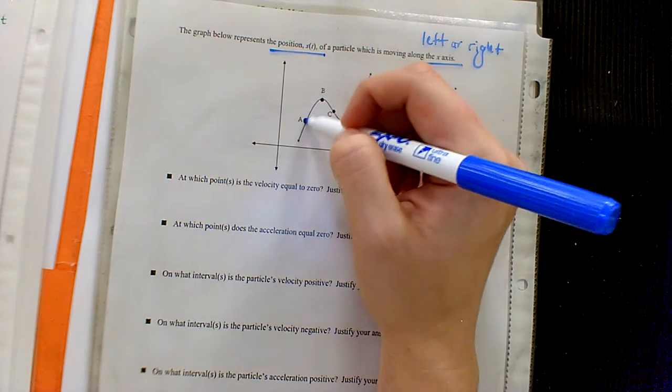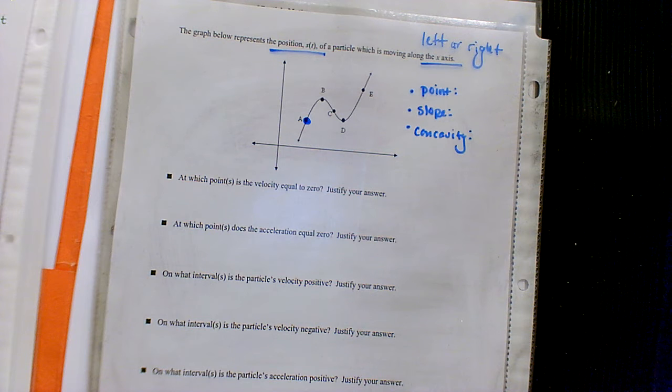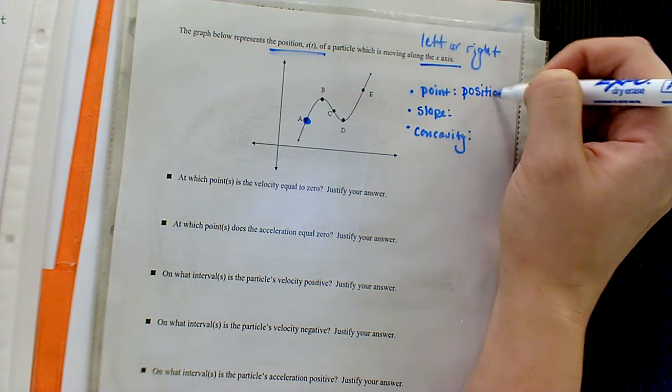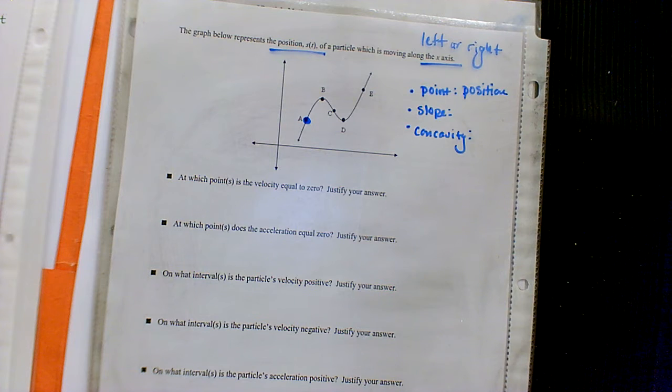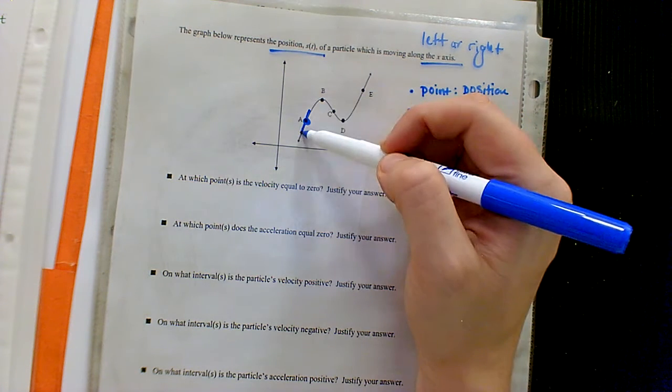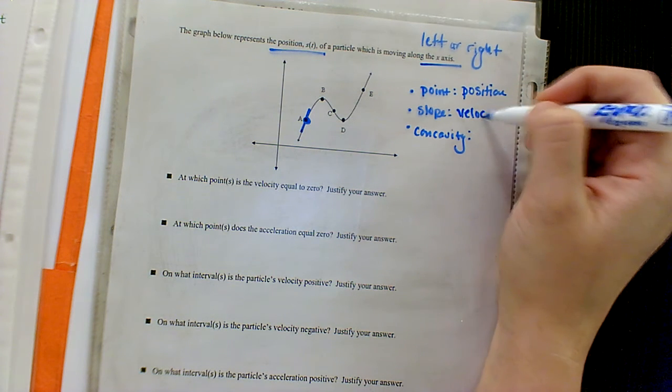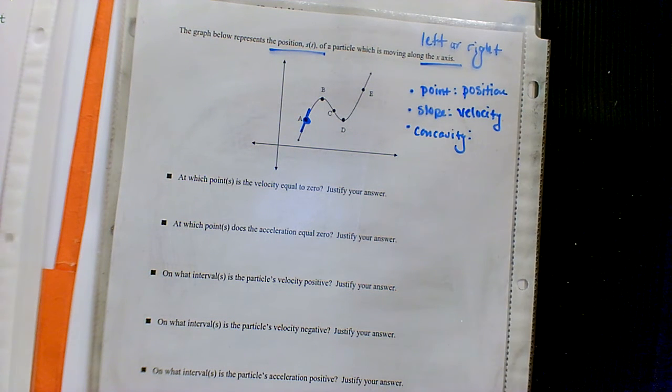If I pick this point A, what does that point tell me? Position, because this is the graph of position, so a point will tell you position. What if I want to look at the slope at that point? Velocity, the rate of change of position, the derivative of position.